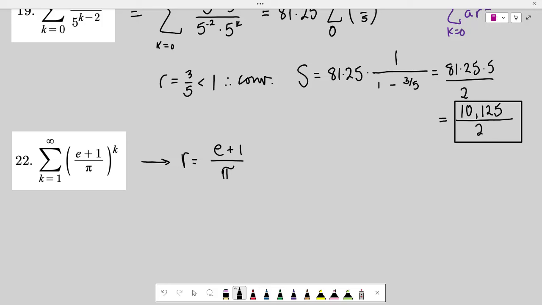So is this bigger than 1 or less than 1? Bigger than 1. Everyone agree? Pi is about 3.1. e is 2.7. If you add 1, you get 3.7. So bigger than 1. Therefore it diverges. So here we showed it diverges using geometric series.